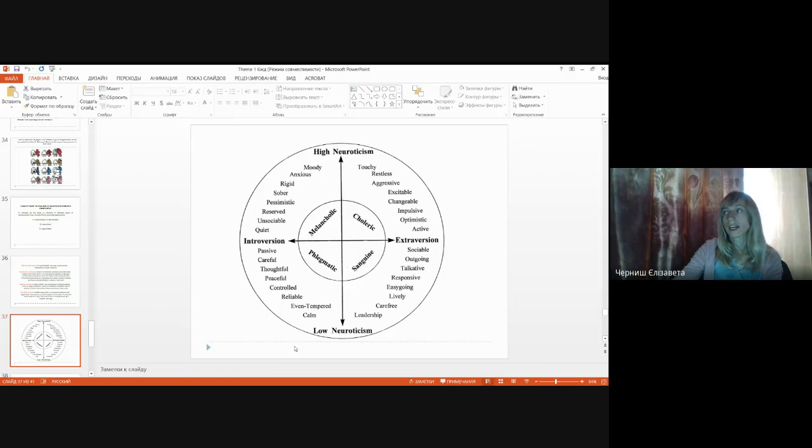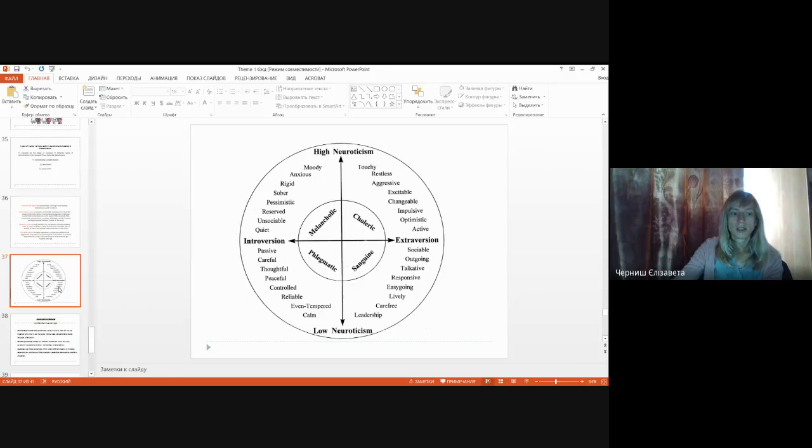But sometimes we can meet persons who really have a very strong dominance of one temperament. This can be domination of some type of nervous system or type of temperament. So it is a very important influence on our life.